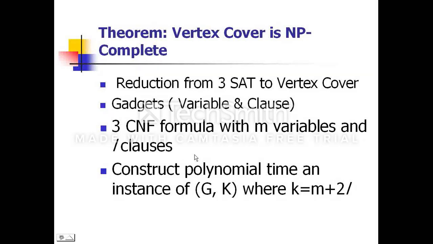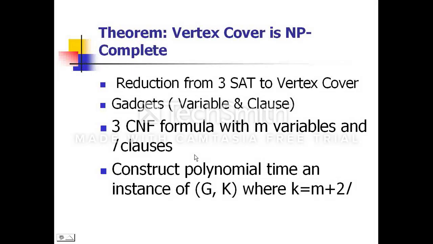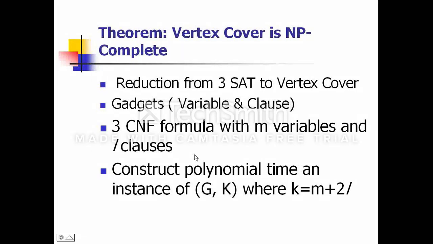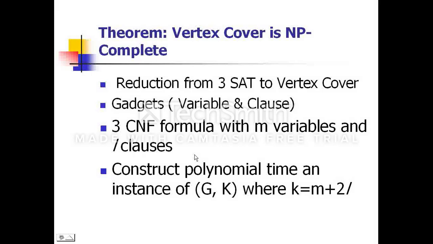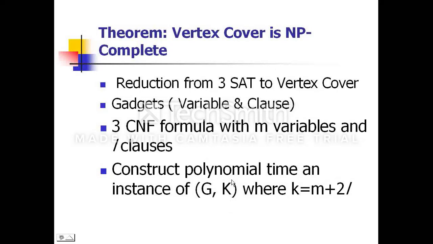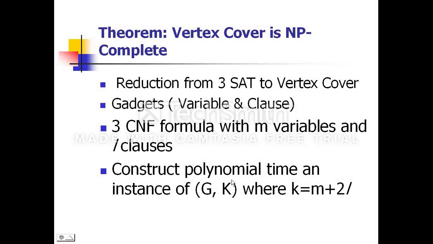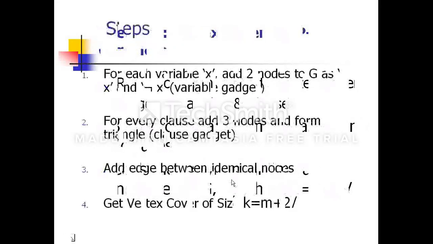The variables are ORed together in a single clause, and then finally ANDed together with the next clauses. So we have to construct, in polynomial time, an instance of G comma k, where k is nothing but m plus 2l. If we are able to find a graph with k as the vertex cover in polynomial time, then we can prove vertex cover is NP complete.